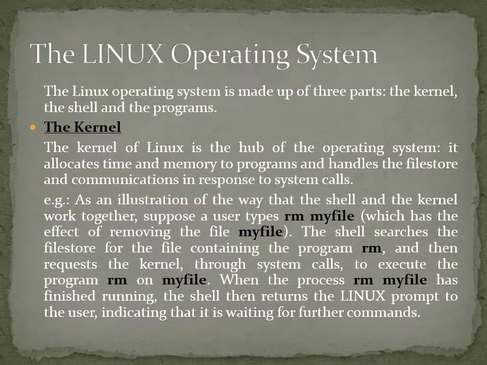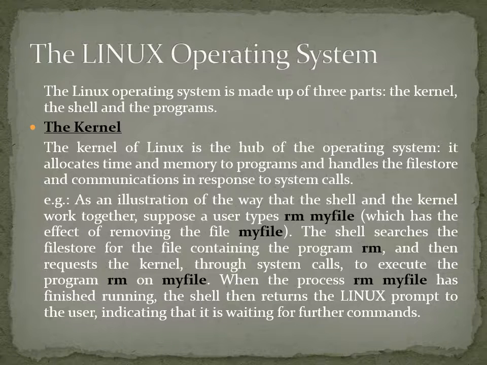For example, as an illustration of the way that the shell and the kernel work together, suppose a user types rm myfile, which has the effect of removing the file myfile.